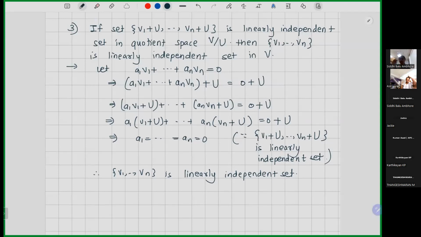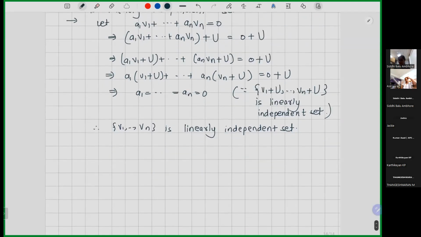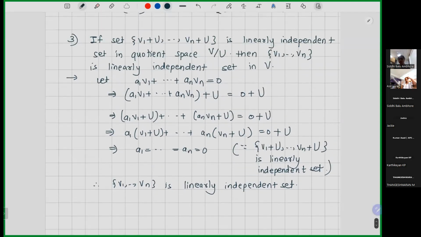However, if I am given a linearly independent set in the quotient space, then the corresponding vi's will form a linearly independent set in my original vector space V. So this statement is true. Any doubts?